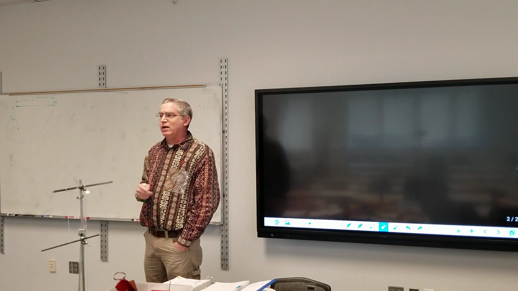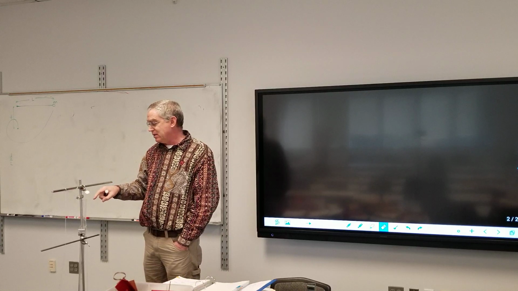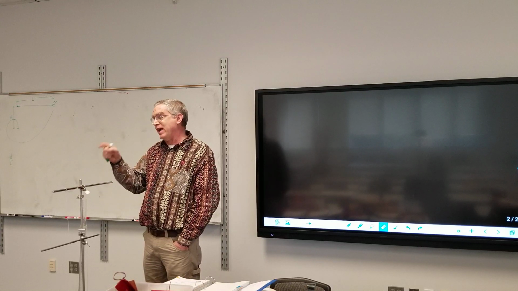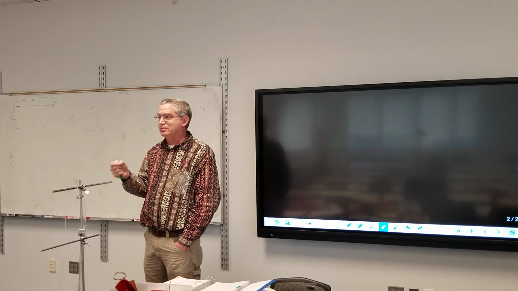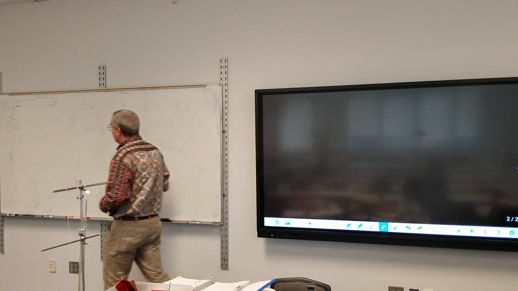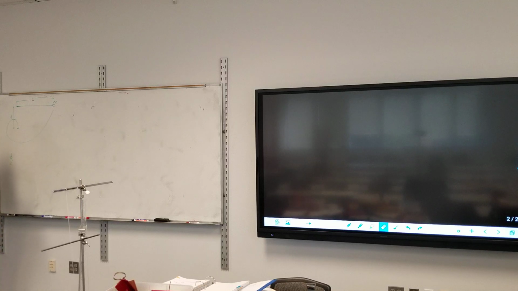So we need to figure out at what point the string is not tight anymore. And once that happens, it's a projectile motion problem. So let's assume that we've got some point. Since I want it to make it over the bar, it's going to have to be somewhere over here.